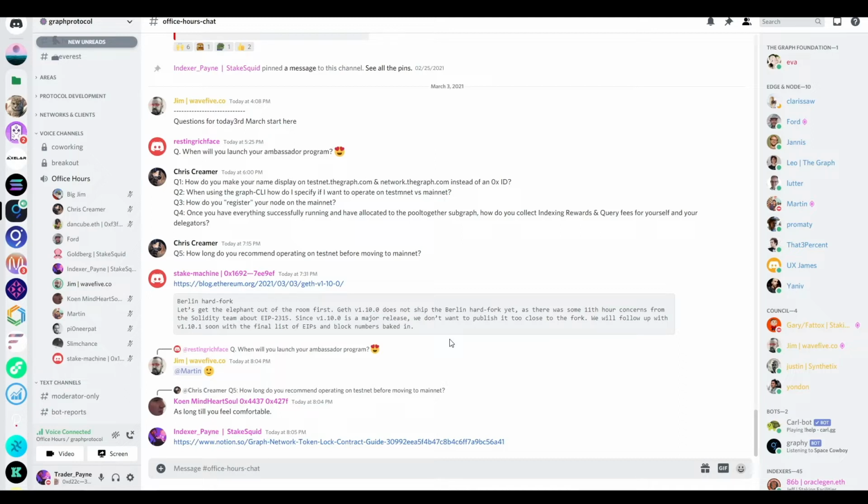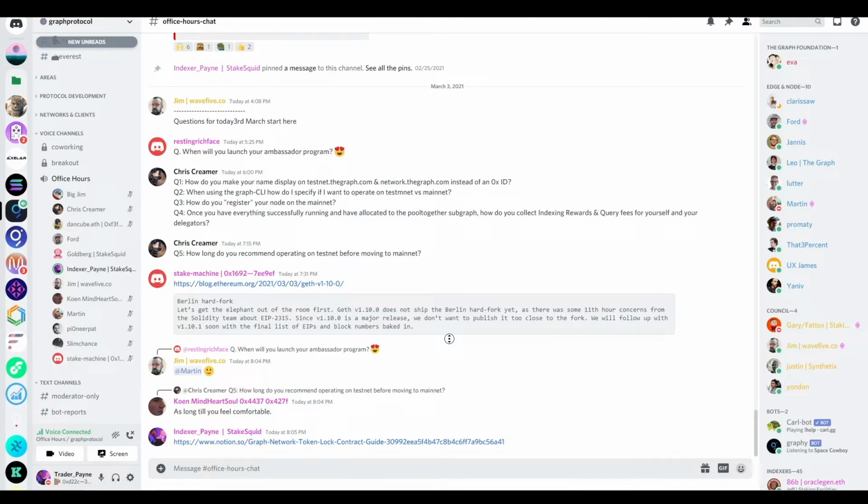Second question: when using the graph command line interface, how do I specify if I want to operate on testnet versus mainnet? You don't need to specify in the graph CLI. In the indexer agent and indexer service, there's an environment variable for each of them where you specify the network, and they will take note of that.